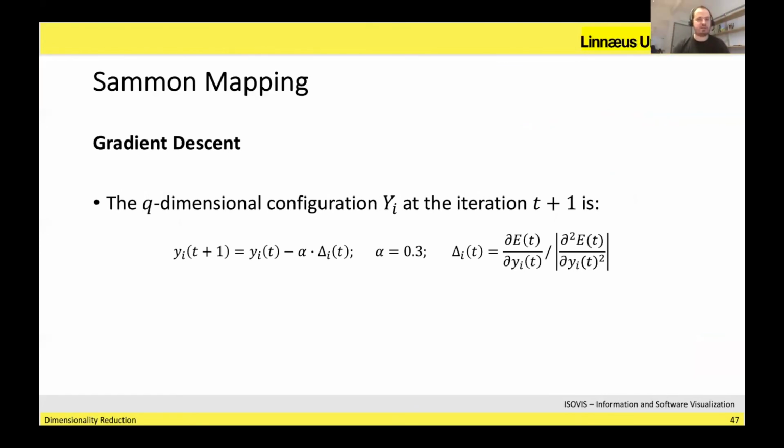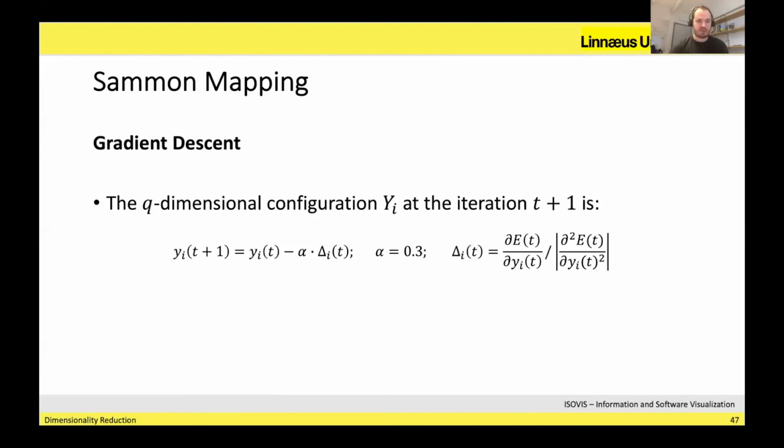It's random, doesn't matter. Then you have it. It's your initial step, that's T0, let's say. Then for each point, you remember that we discussed that at every step, each point will move a little bit towards the direction that reduces the cost the most.